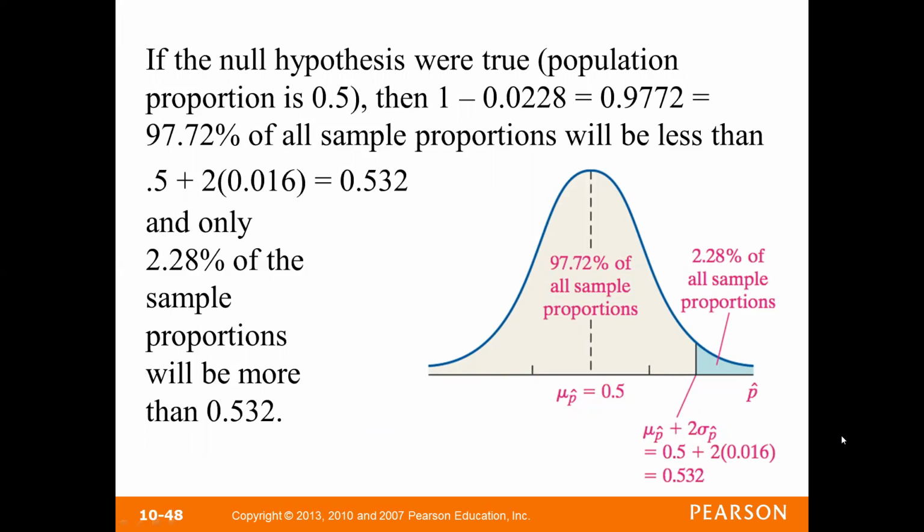So we know that we would have a 97.72% chance of seeing something less than 2 standard deviations above the mean.